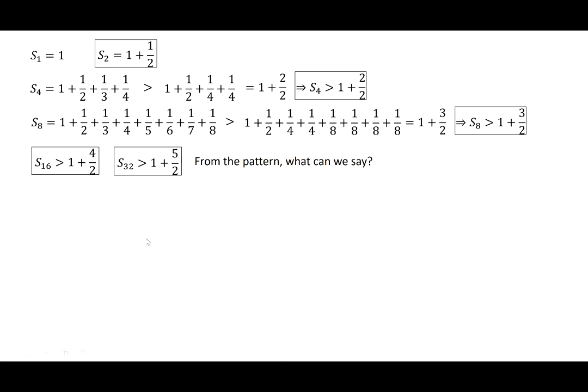That's the idea. So we can say S sub 2 to the m is greater than 1 plus m over 2 for m greater than or equal to 4. S sub 2 to the m is greater than 1 plus m over 2.